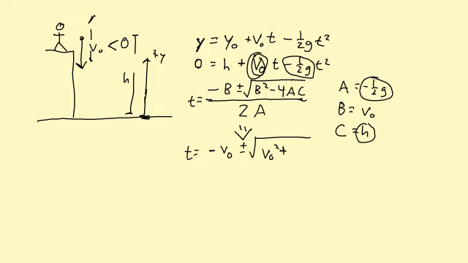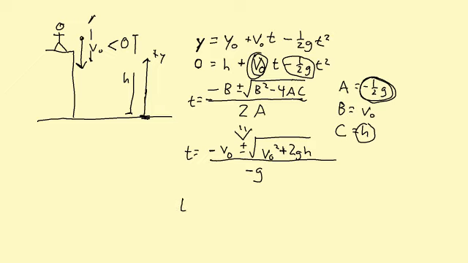So v naught squared plus 2gh, all over 2 times a. Again, a is negative 1/2 g, so this is actually just going to be negative over negative g. So, is this right? I think this looks okay, so let's keep trying.